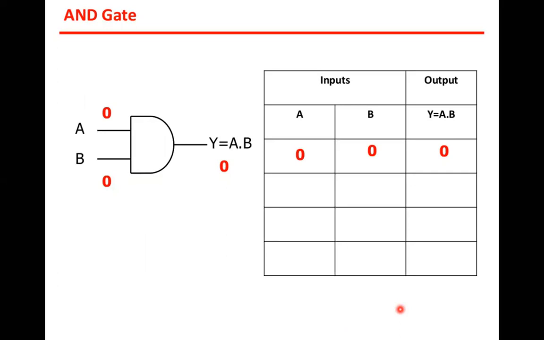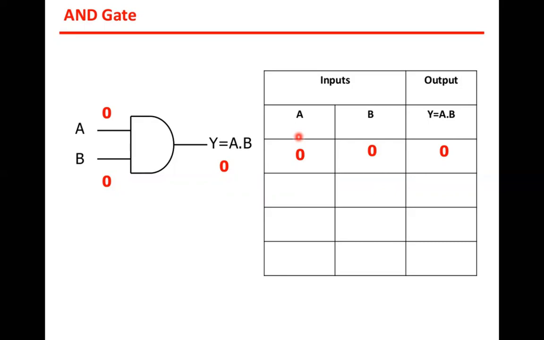How many possible combinations for the input variables do we have? Because there are two inputs, A and B, the combinations will be 2 to the power of the number of inputs, because binary has two values. So 2 to the power of n, where small n is the number of inputs given to the particular gate.